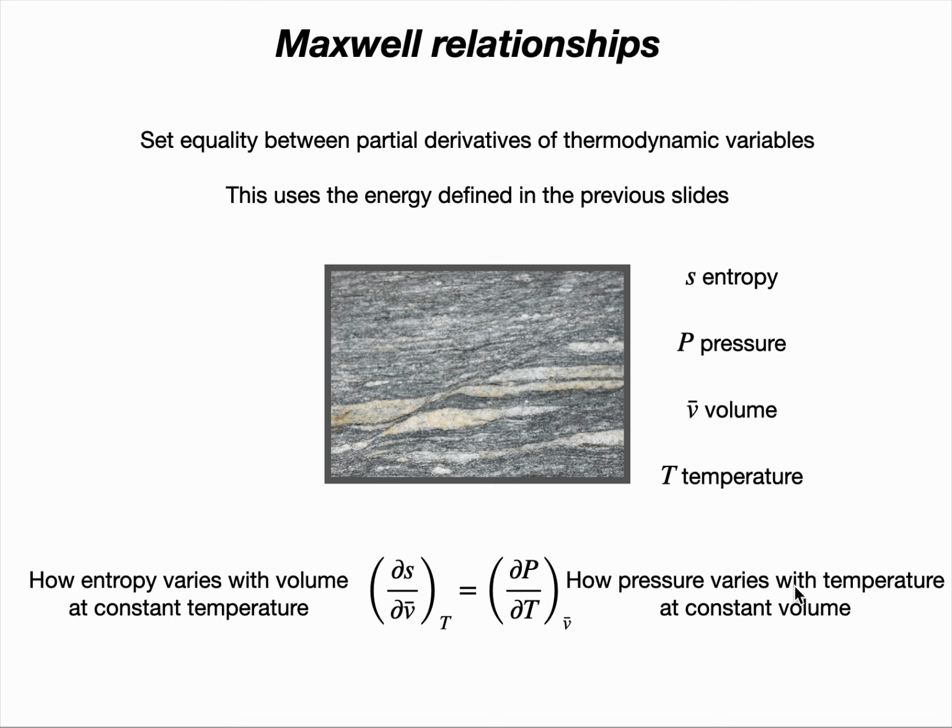And why do we want to establish such a relationship? Because some of the properties here, dS/dV at constant T, may be difficult to measure in the lab, while quantities like dP/dT at constant volume are maybe much easier to measure in the laboratory.